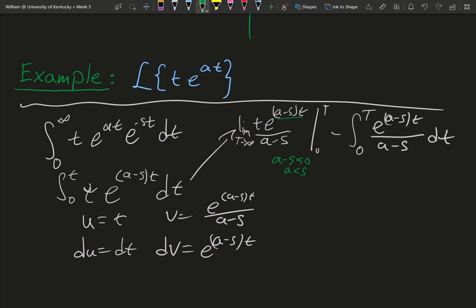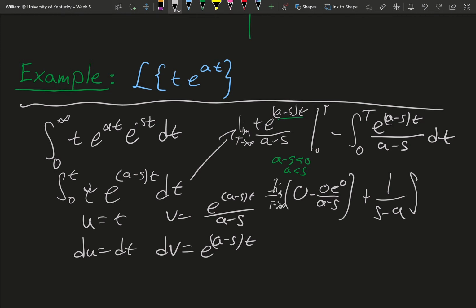But if we have that, then when we take the limit as t goes to infinity, we're going to get 0, and then minus 0, e to the 0 over a minus s. So that whole term just becomes 0. Over here, I can pull out that a minus s because it doesn't have any t's in it. So I'll pull it out and flip it around, s minus a, canceling with a negative. And now we have the limit as big T goes to infinity.